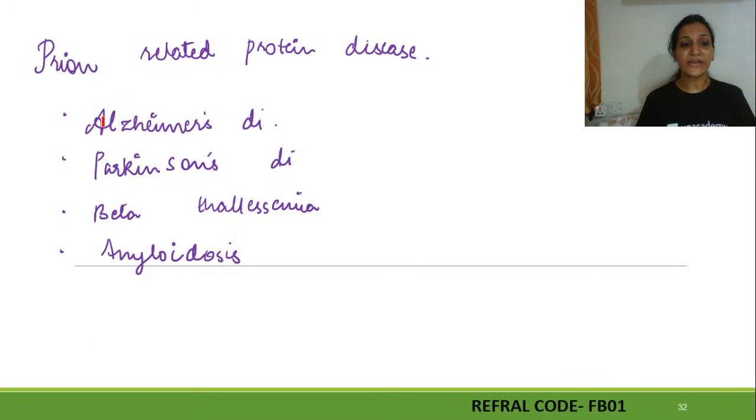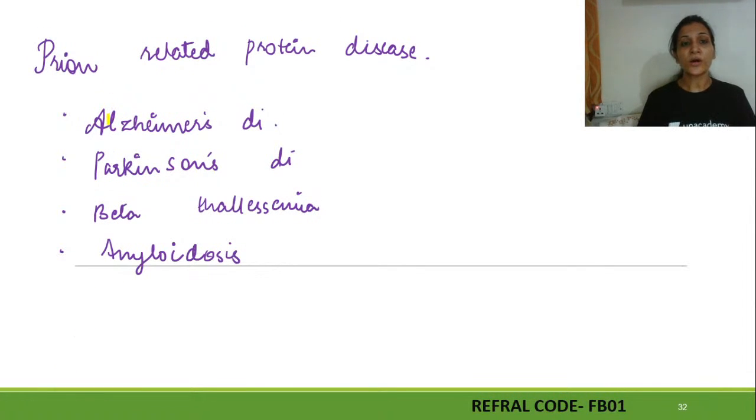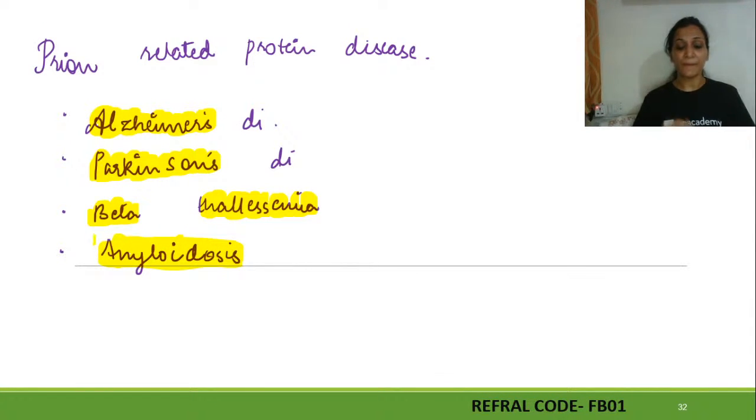Then what are the diseases which are prion related protein diseases? Alzheimer's, Parkinson's, beta thalassemia, and amyloidosis. So these are the things which you need to remember.